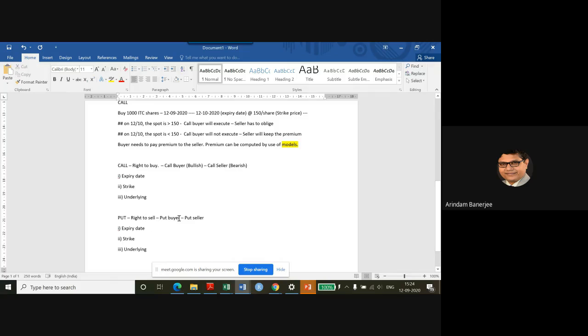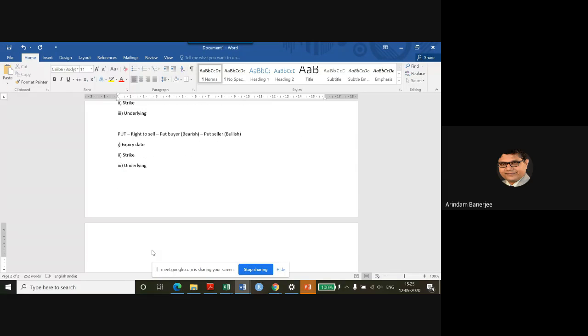And just opposite, the put buying is a bearish strategy. And put selling, sometimes they ask these MCQs on these concepts, is a bullish strategy.